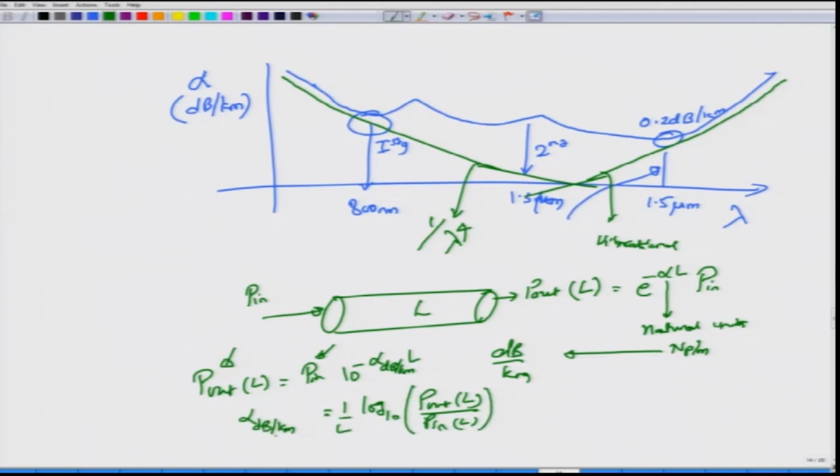And because P out is smaller than P in, this loss factor is positive. It does not mean that the loss is positive, what it simply means is that the units for alpha is positive, but the power would actually decay as 10 to the power minus alpha in dB per kilometer times L.